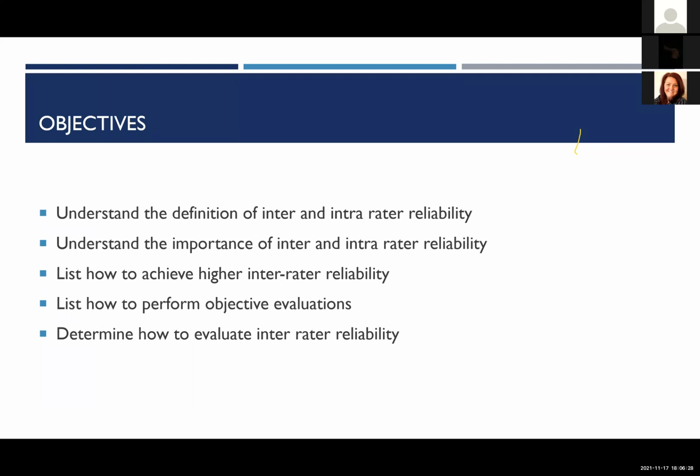We'll also cover how we can perform objective evaluations as evaluators, if you find yourself in that role, and how we evaluate our inter-rater reliability: what is it, and how can we determine that within our own program? Those are some of the things we're going to talk about today.